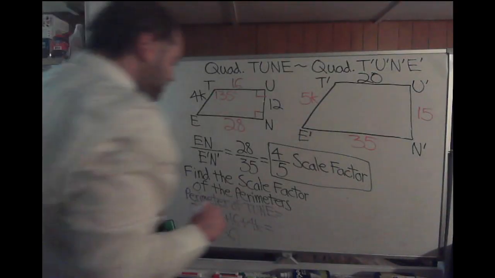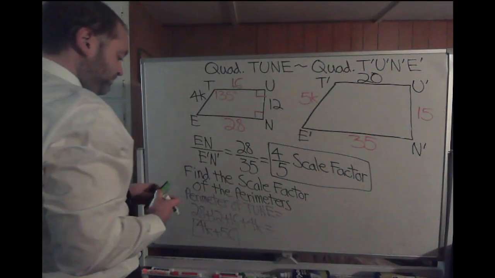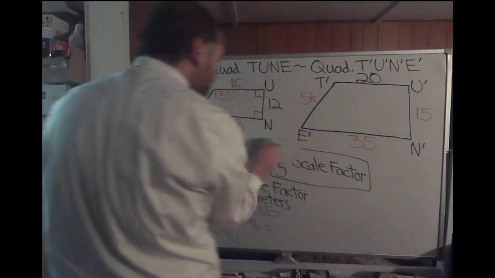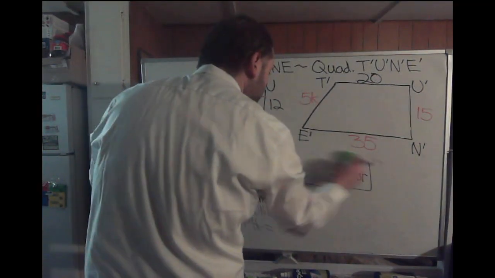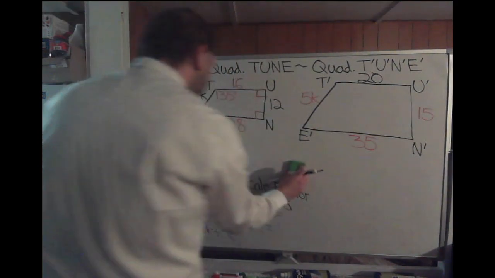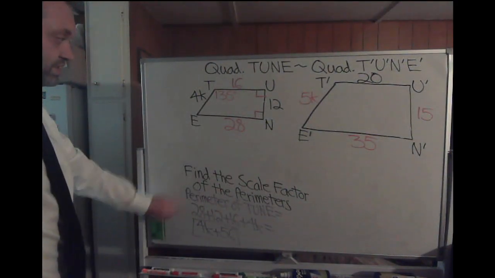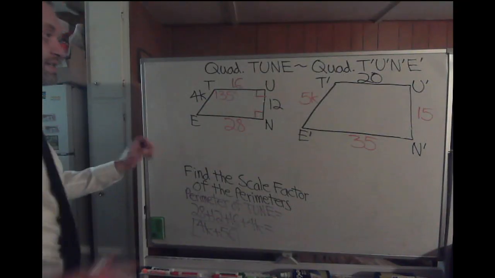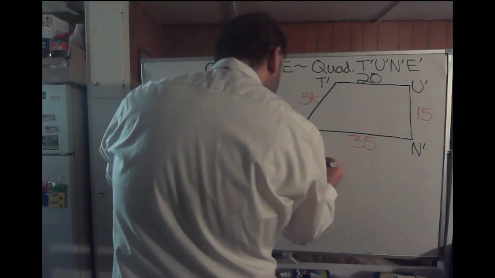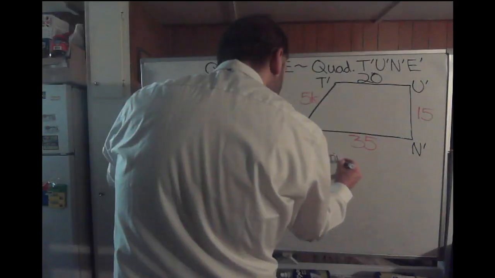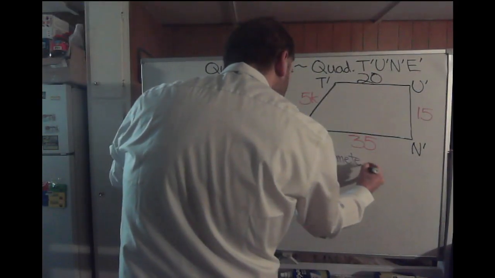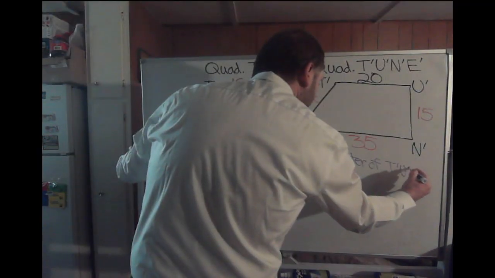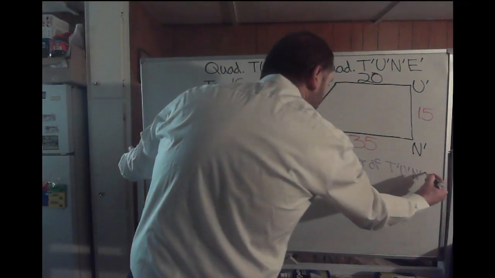Let's find the perimeter of... Actually, I think we got a handle on the scale factor of what the quadrilaterals are. Let's focus on the perimeter, okay? So this perimeter is 4K plus 56. Now how about the perimeter of T prime, U prime, N prime, E prime?